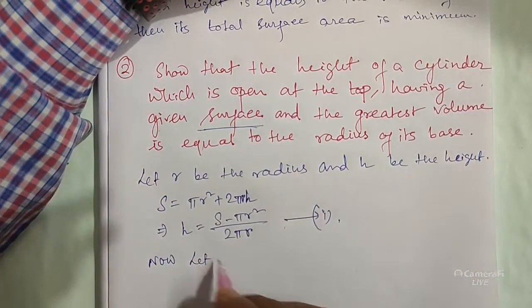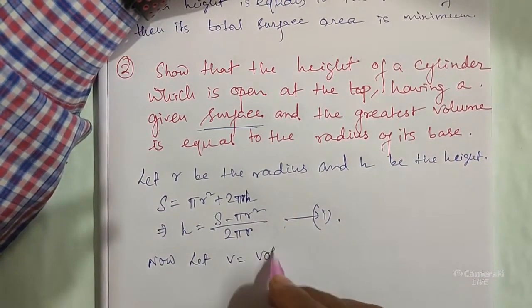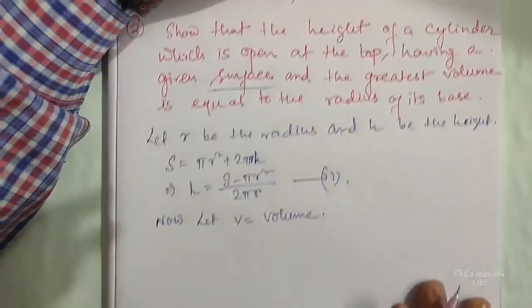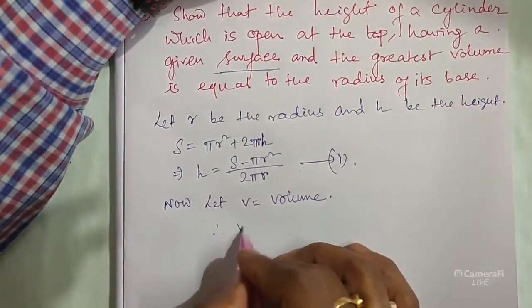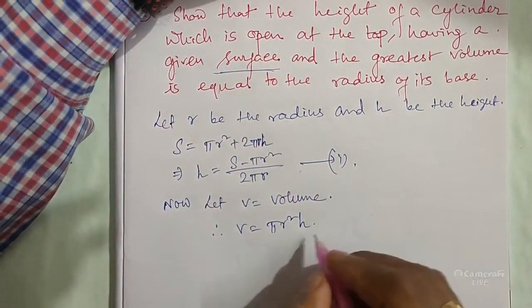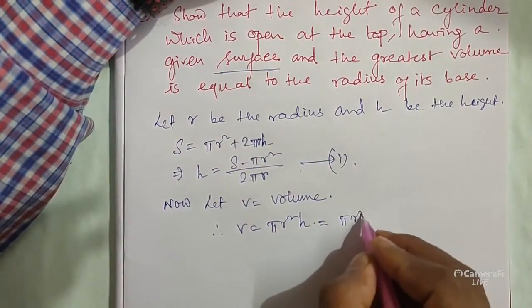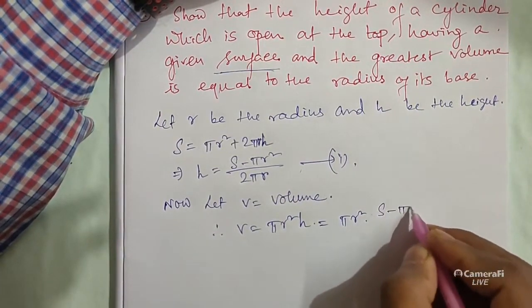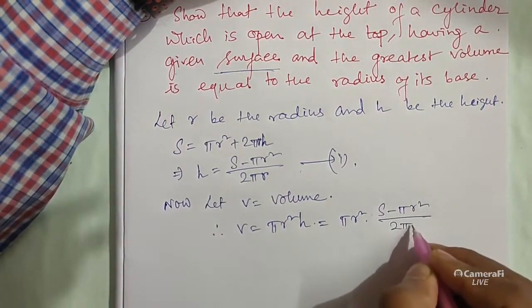Now let V equal volume. Therefore V equals pi r square H, equals pi into r square into S minus pi r square by 2 pi r.